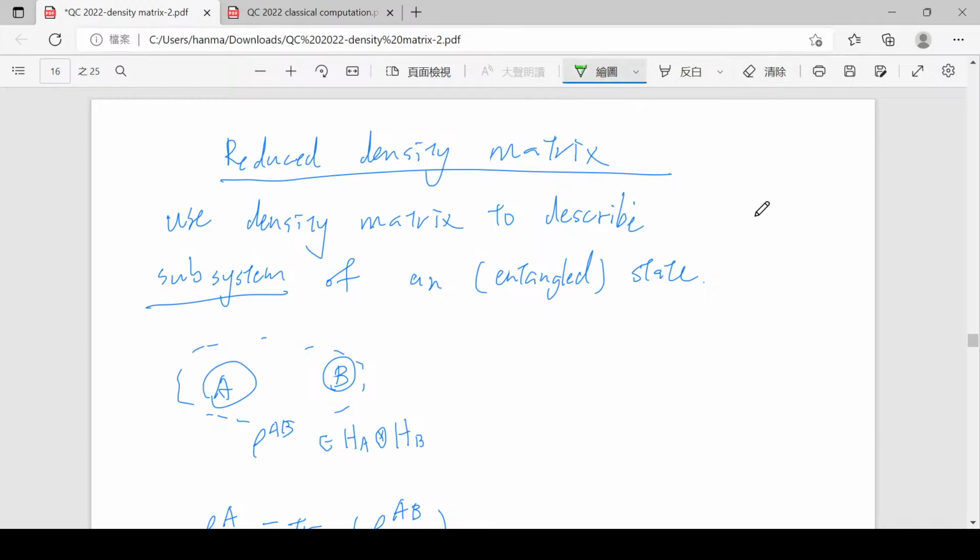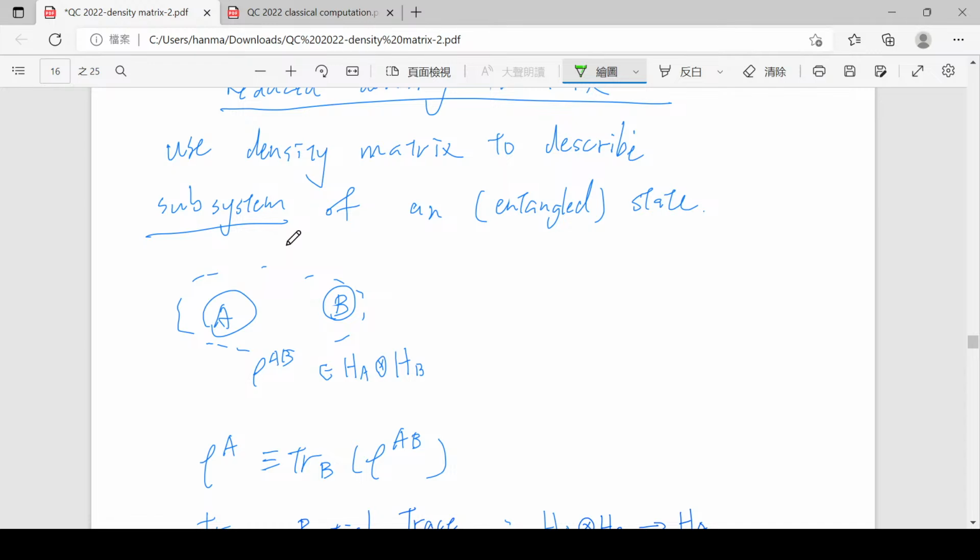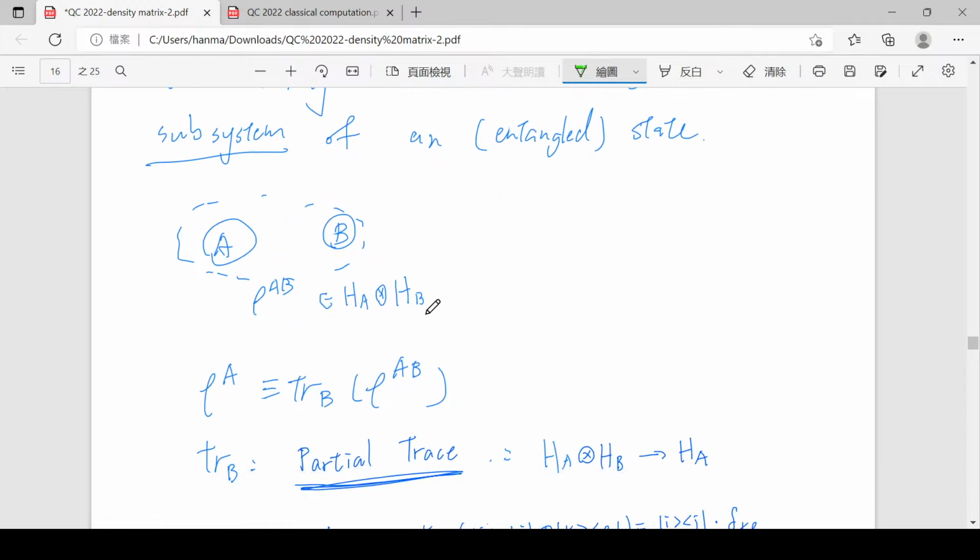Let's get back to the class. So we talk about reduced density matrix, and this is a concept where we have two systems that are interacting, and they might have some entangled state rho AB, but we just want to look at the A part.